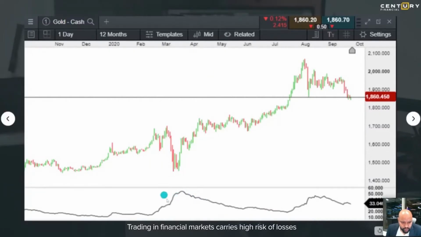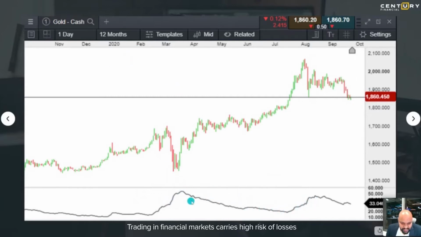Let's look at an example of an average true range. At the bottom that you see in the black line chart is your average true range. Now I've taken the gold chart on a daily basis. It is showing me data all the way from December 2019 up to today, and you can see there's a good flat movement till February, and from Feb to March the volatility increased because of the COVID-19 situation, and then again you see the price coming down.